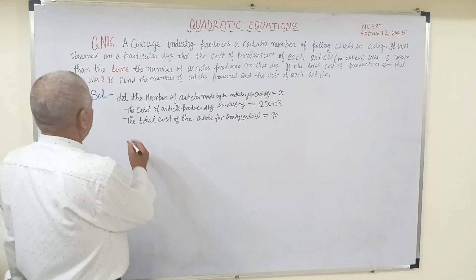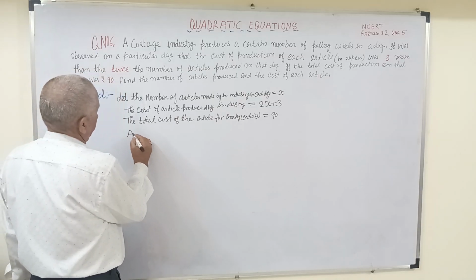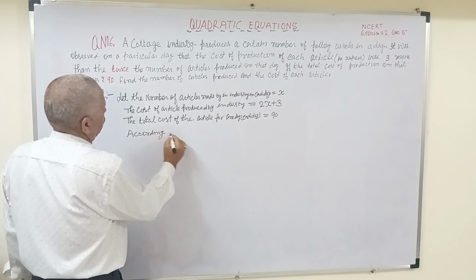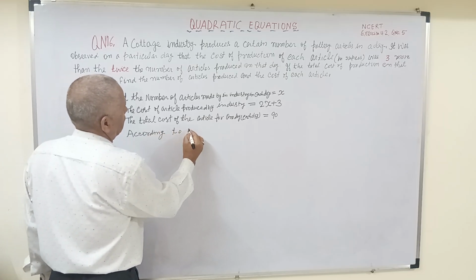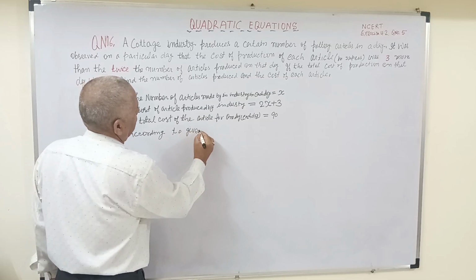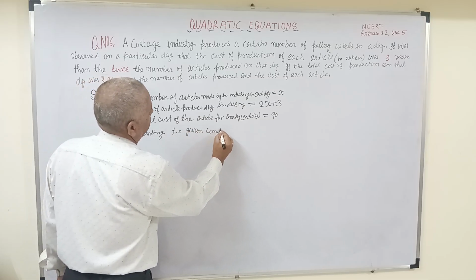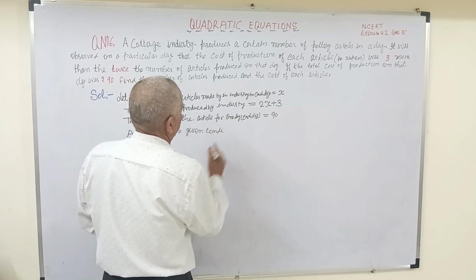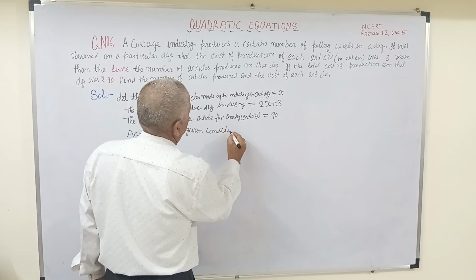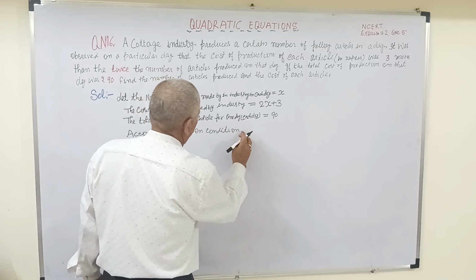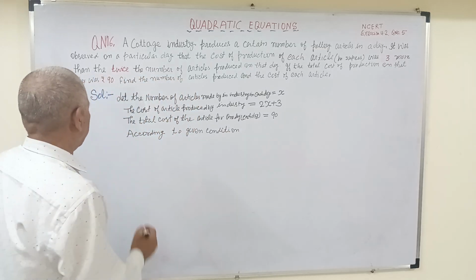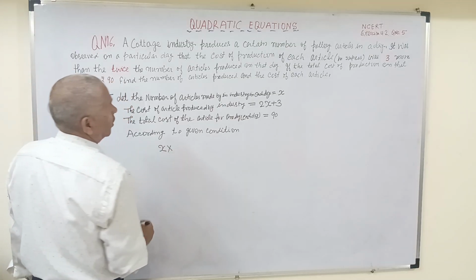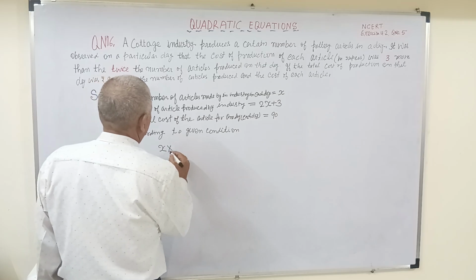Now according to the given condition, the number of articles x has to be multiplied by the cost, means price.